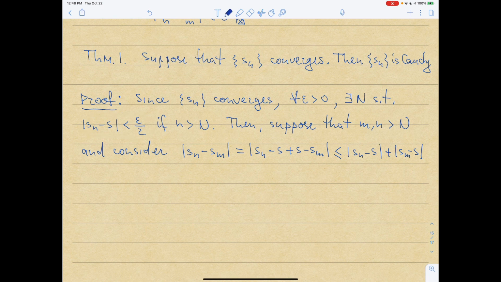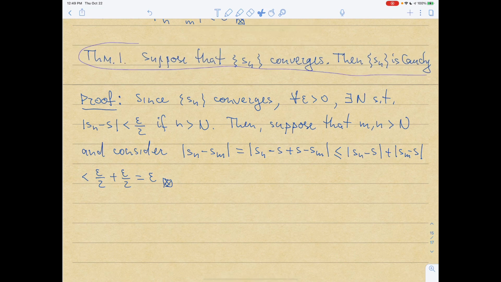So this is less than epsilon over 2 for Sn minus S. And likewise, Sm minus S is less than epsilon over 2 because m is also bigger than capital N. So plus epsilon over 2 equal to epsilon. And again, I'm done because I assumed that the sequence converges, and I verified that the sequence also satisfies the definition of a Cauchy sequence. Okay, so any convergent sequence is Cauchy.